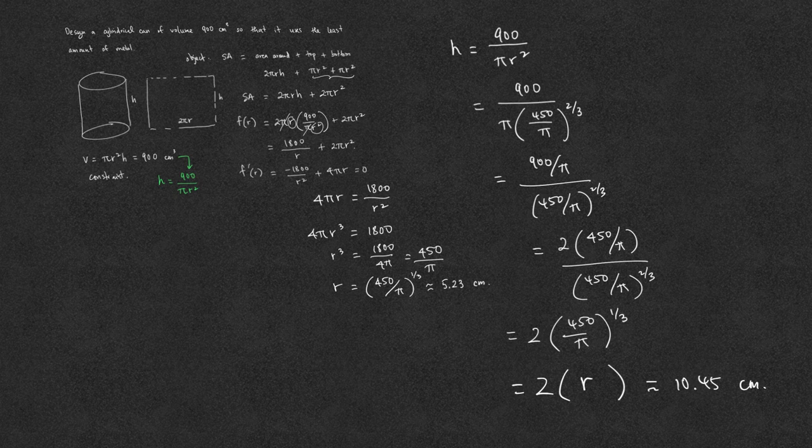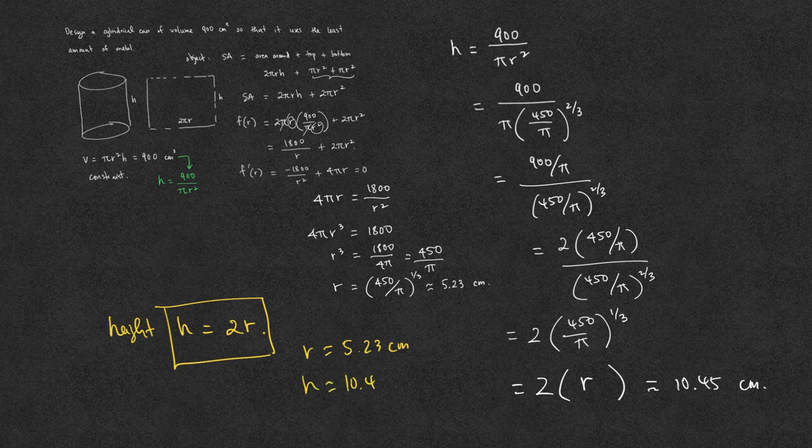To design a can with a volume of 900 cubic centimeters with the least amount of metal, we would need the height h to be twice the radius. In this case, the radius is approximately 5.23 centimeters and the height is approximately 10.46 centimeters.